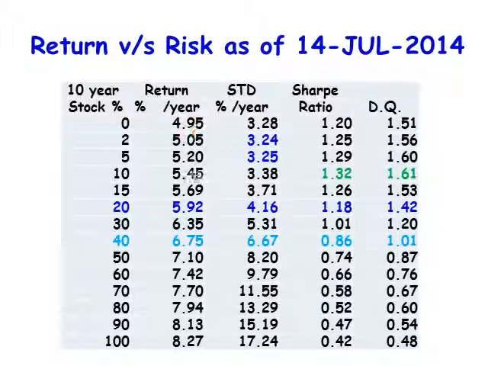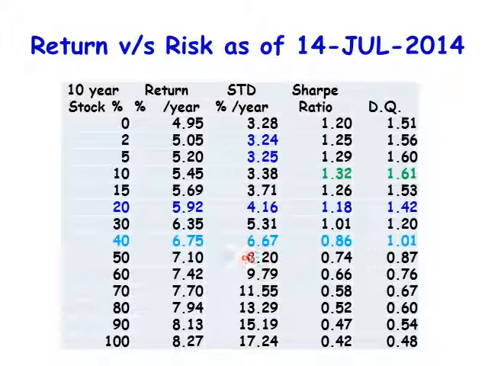When you go higher in the stock allocation, our returns go up, though marginally, and so does the standard deviation, and it goes up significantly. At 50-50, my returns are 7.10%, and at 100% stock allocation, they are only 8.27%. From 50-50 to 100% stock allocation, I gained 1.17% per year in return.